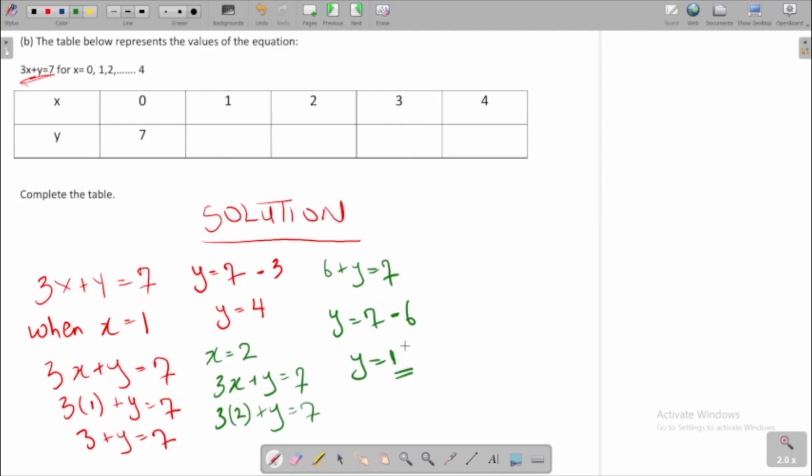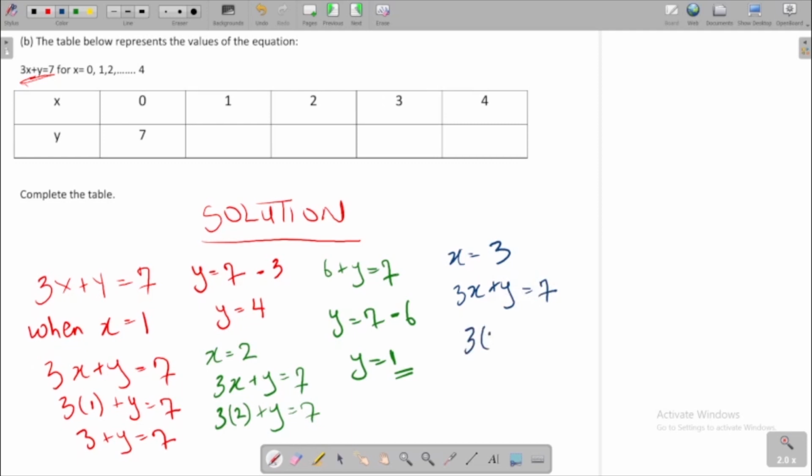When your x is equal to 3, you have 3x plus y is equal to 7.